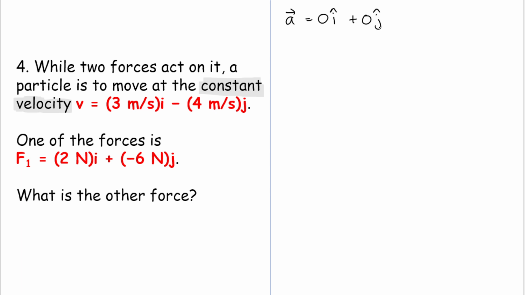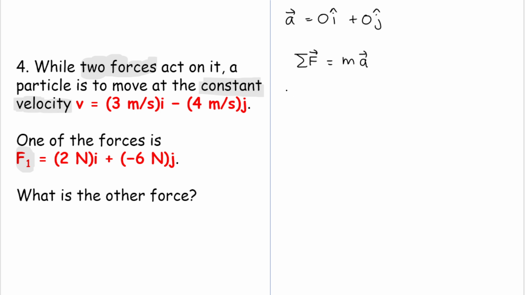Good. But then the sum of all forces, or the net force, is equal to mass times acceleration. We don't know the mass, but we know exactly the acceleration. But then we will have these two forces. We are given this one is F1, and let's assume the other is F2.